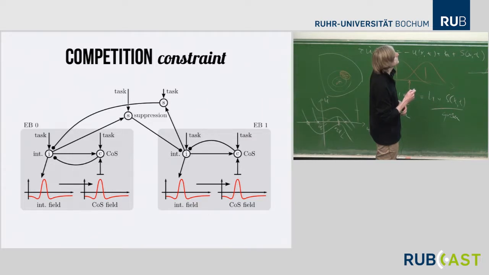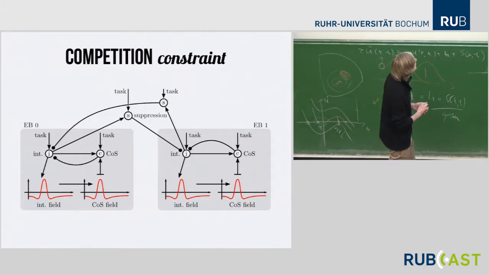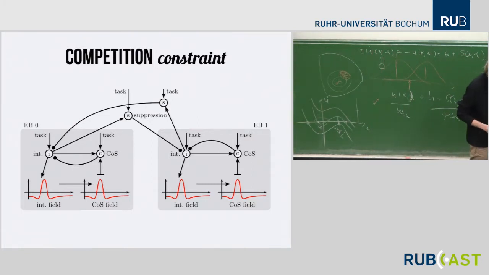You would only need a single node, this suppression node, that is activated as soon as this intention node is active. This suppresses the intention node of this behavior, so this can't be active. If you want to do the other way around, you need this other node. If you want to do competition so that they mutually inhibit each other, you need both nodes. Okay? That's competition.